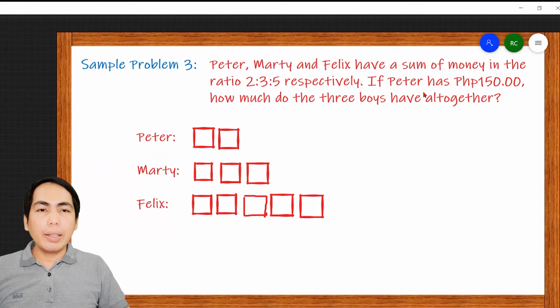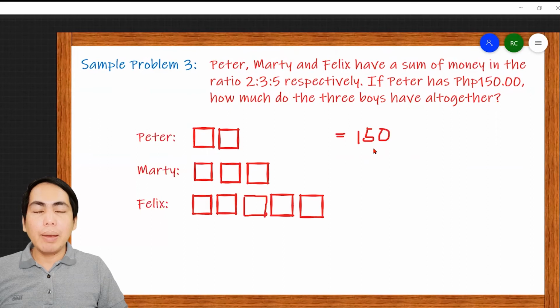Now, it is said that Peter has 150 pesos. So, meaning to say that these 2 boxes are equivalent to 150 pesos. So, to get the value of each box, we have to divide the 150 by 2 to give us 75.